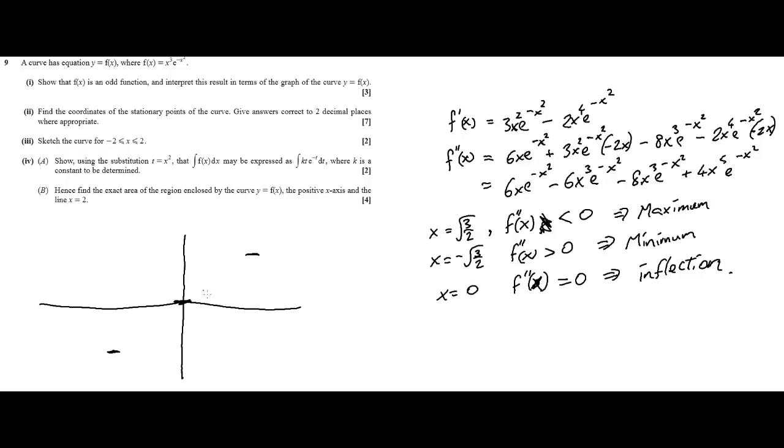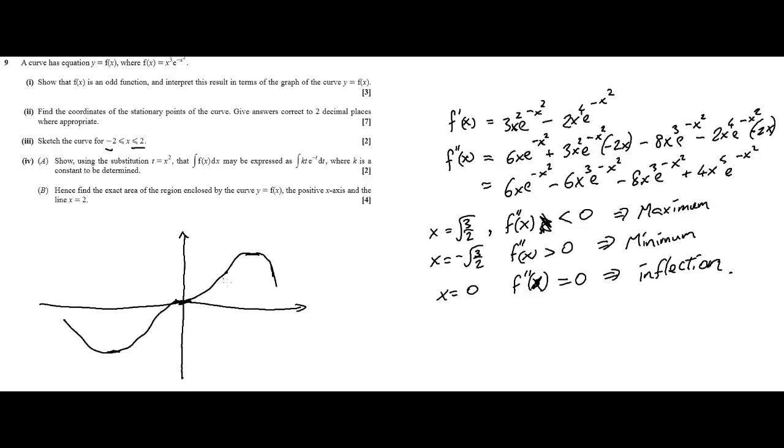Which means that in order to fit the curve, we have a maximum and inflection that goes up, then goes down, forced to be a minimum, and it terminates before it reaches the x-axis, because it only goes up to x is minus 2 and x is 2.